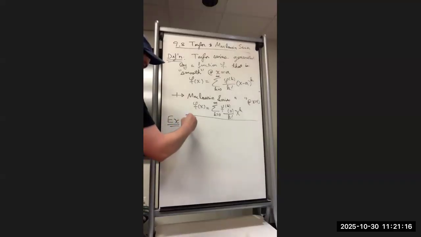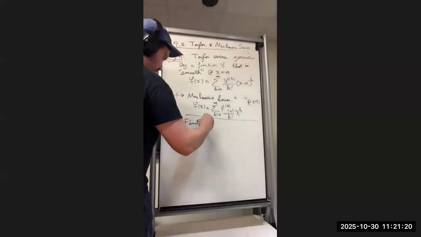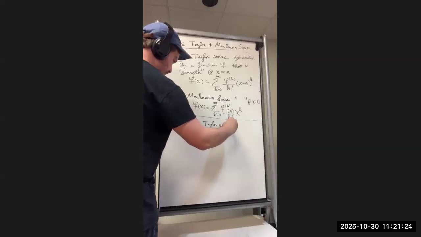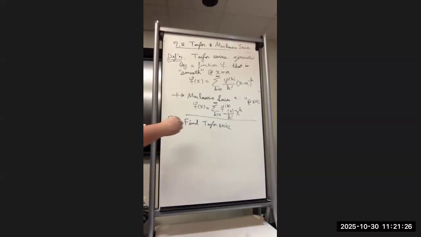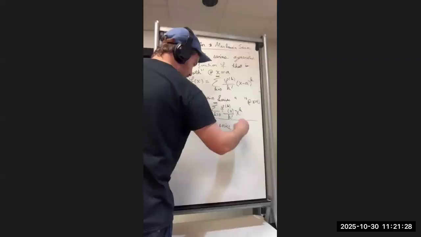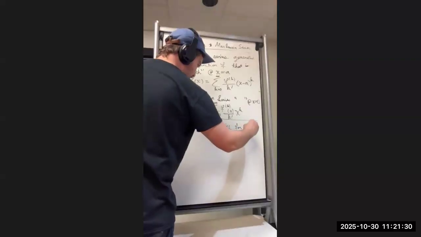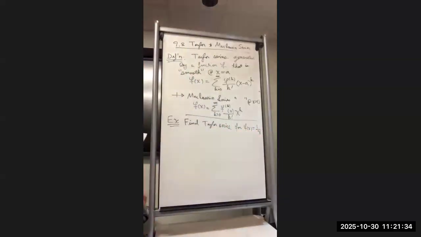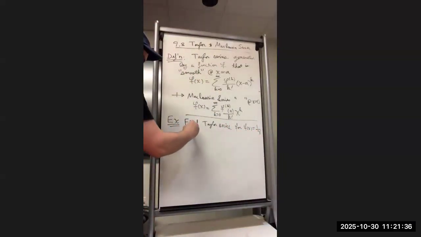These prompts will usually go something like this. Find the Taylor series for f of x equals 1 over x at a equals 2.